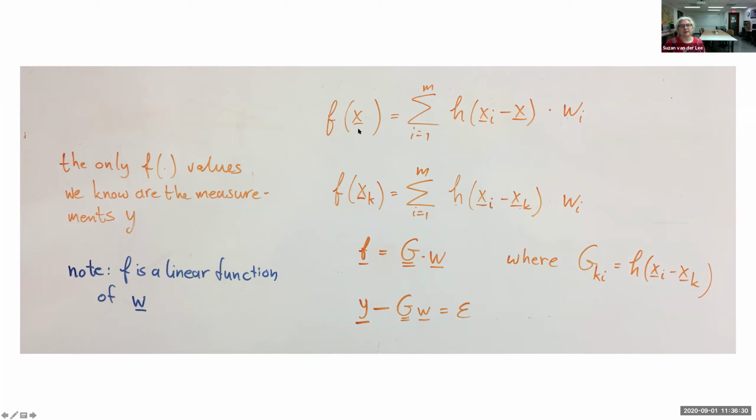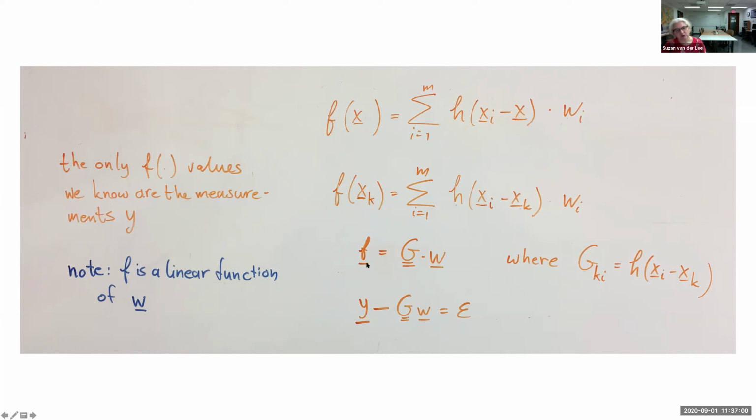Right, so f(x) is a piecewise linear function. You also know that f(x) is linear in the weights, w_i. So we can write this whole equation as a matrix equation, because we don't just have the value f at a particular point x_k, but we have measurements at perhaps a lot of x_k's, which we can group into this vector y over here, or this vector f.